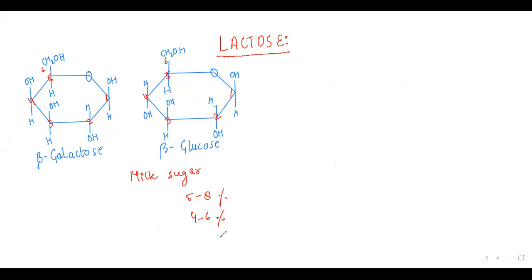The lactose molecule will form a kind of bonding which is called beta 1,4 glycosidic linkage. Now, why is this called beta linkage? This is called beta linkage because one hydrogen will be lost from here from a beta position, whereas another H will be lost from here from an alpha position.